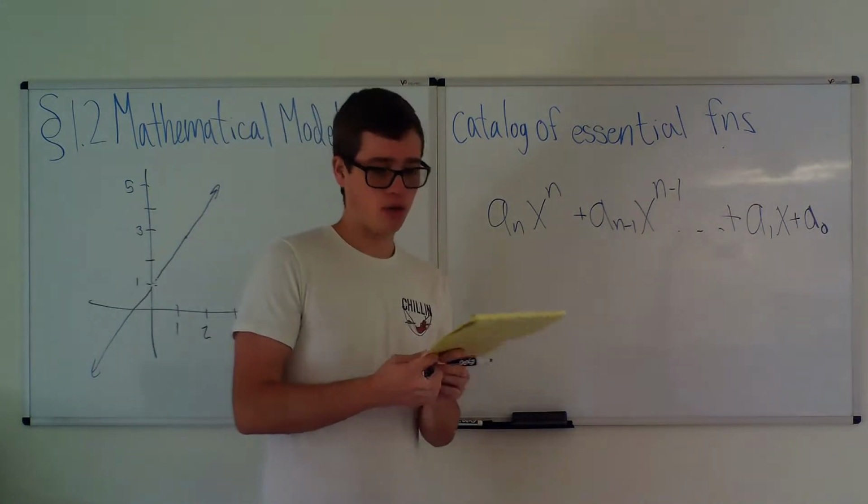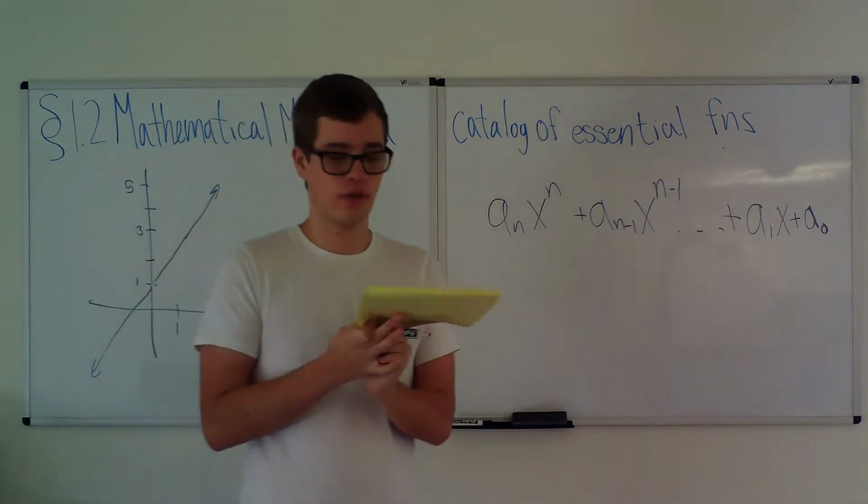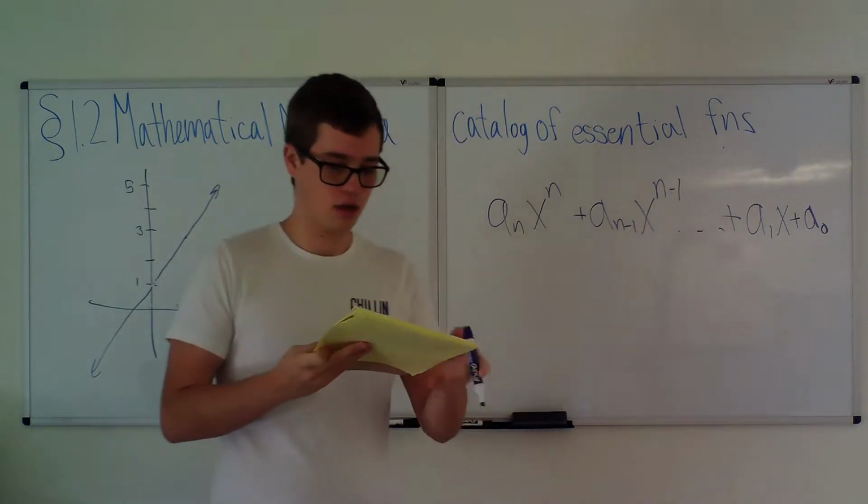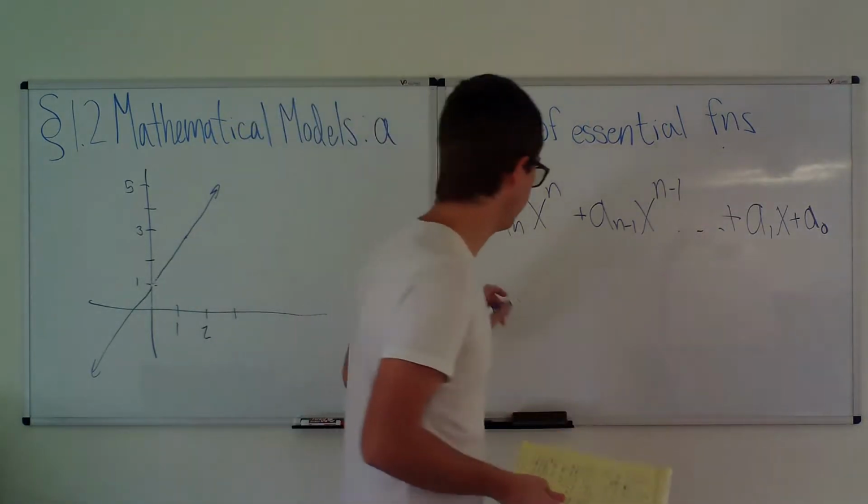So the domain of all polynomials is the set of real numbers, which is essentially negative infinity to positive infinity.